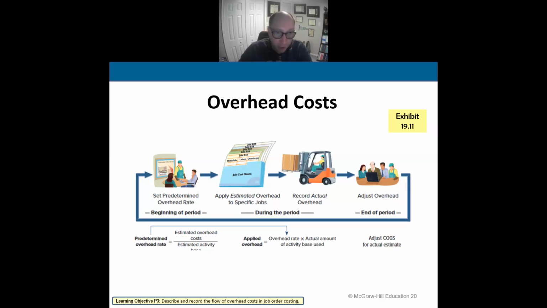We set the predetermined rate. It's an estimate. The predetermined rate is set by taking the estimated overhead cost divided by an activity base. The activity base that we used in this example, or for this company, is direct labor. So we took the estimated overhead cost divided by direct labor.